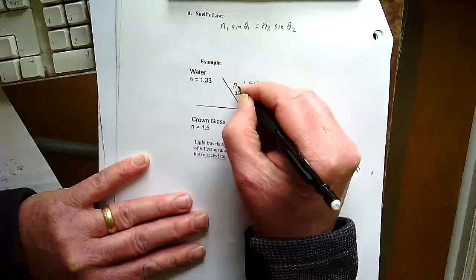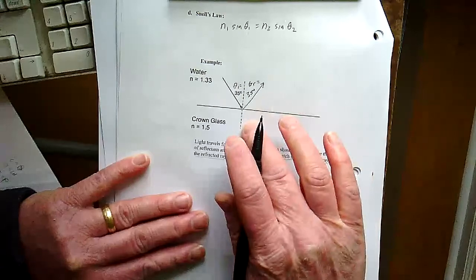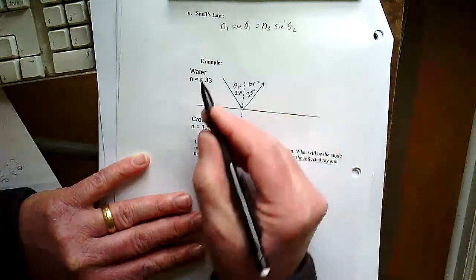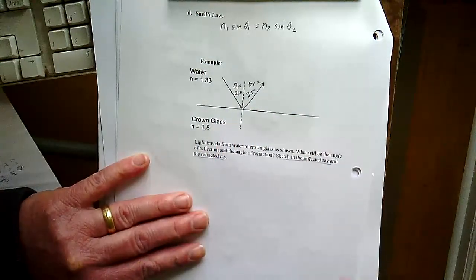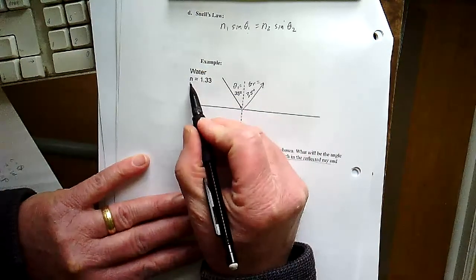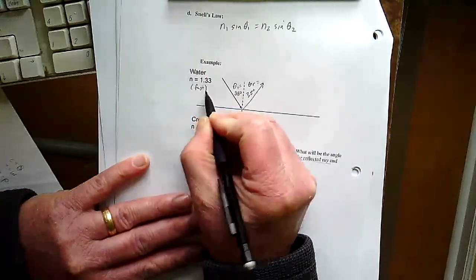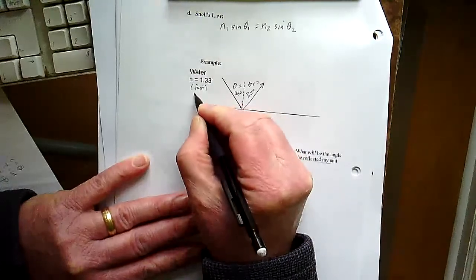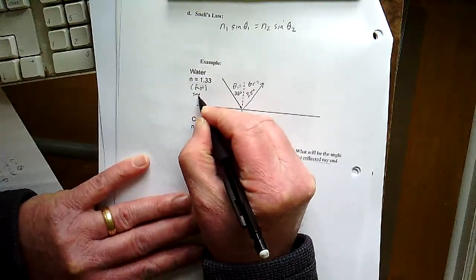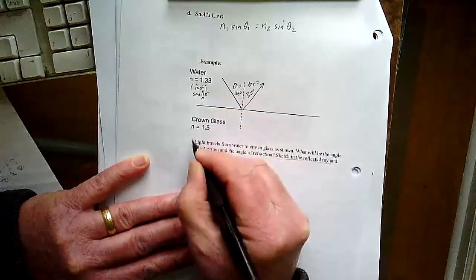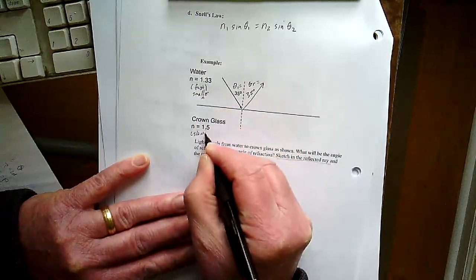I'm going to call this theta 1, and I'm trying to find theta 2 down here. But I can actually sketch it before I even figure out the amount, because this N is 1.33. This is going to be the faster of the two materials because it's smaller N. And then this is going to be the slower material.